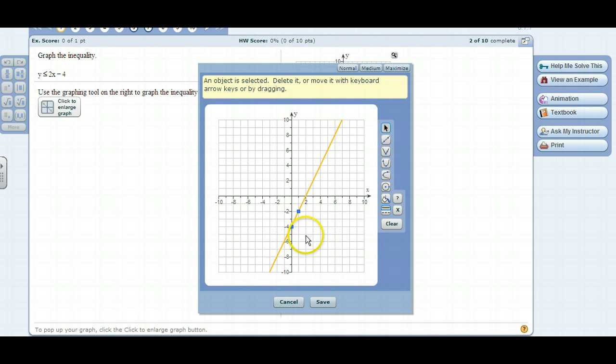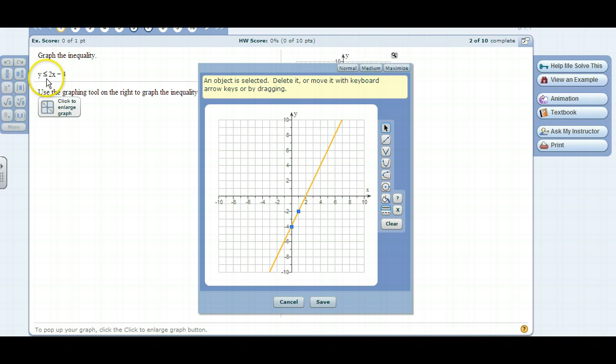What is this point right here? It's the point 2, negative 5. Will that work? 2 times 2 is 4. 4 minus 4 is 0. Is that greater than negative 5? Yes. So anything in this region below that line also works.